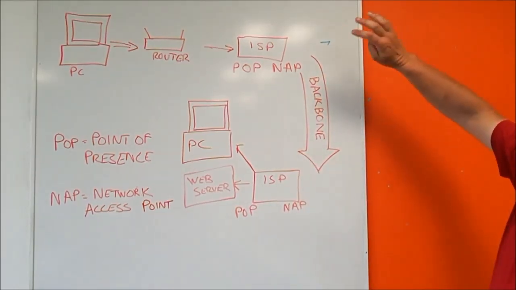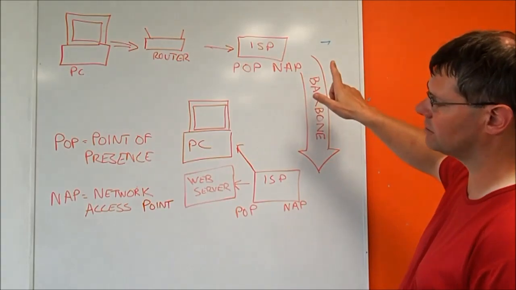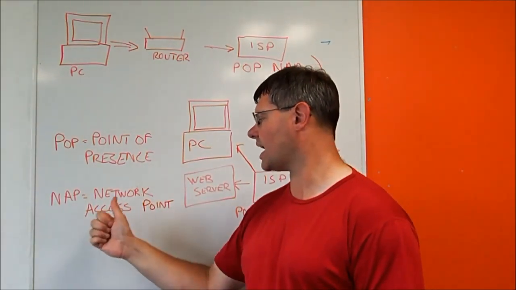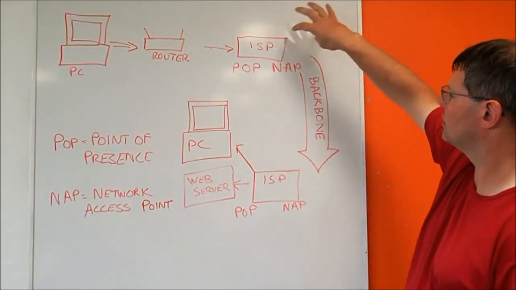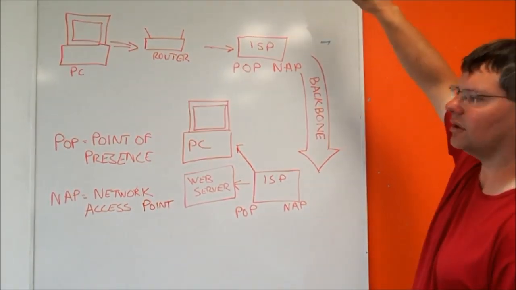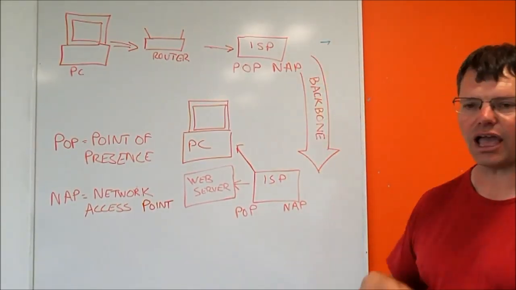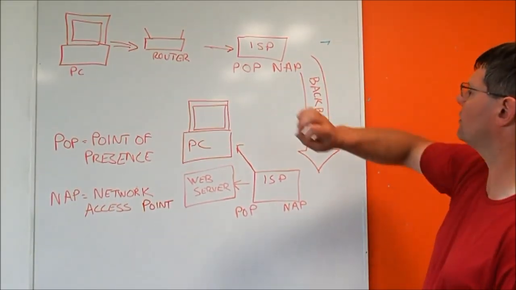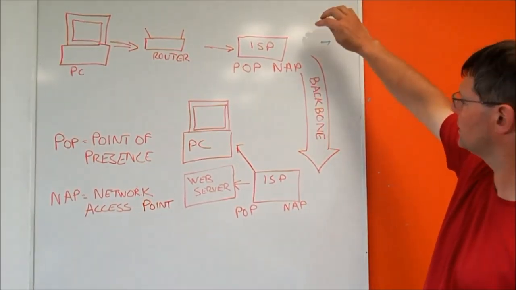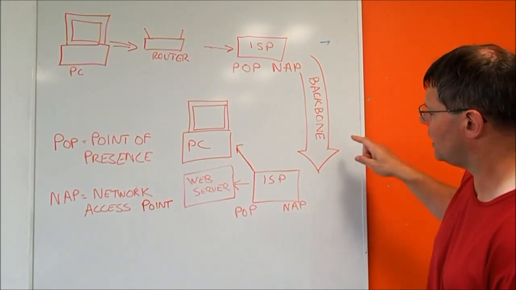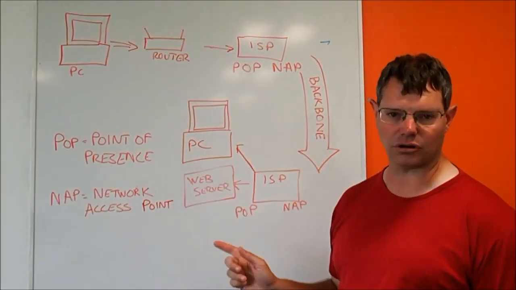And to connect to the backbone, the ISP will have a NAP, which stands for a Network Access Point. So the NAP is what the ISP uses to connect to the internet backbone, so it can send that information really, really fast. If it didn't connect to this, everything would be a lot slower. So it then connects to the backbone, so your information, when you said, I want to have this web page, is going down the backbone. It then finds the ISP that has the information that you want on it.